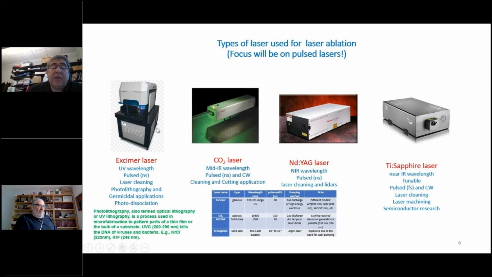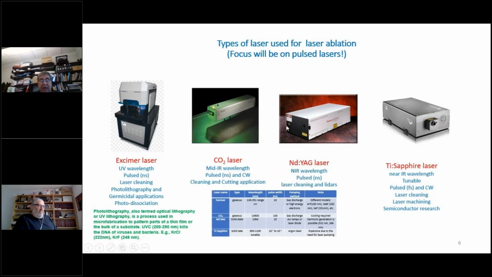Then another laser is a CO2 laser. It's a gaseous laser, and it's very popular in the industry for cutting, especially, but it's also used for cleaning, and that's a 10 micron emission. So the medium of emission is a gas, a CO2 gas.